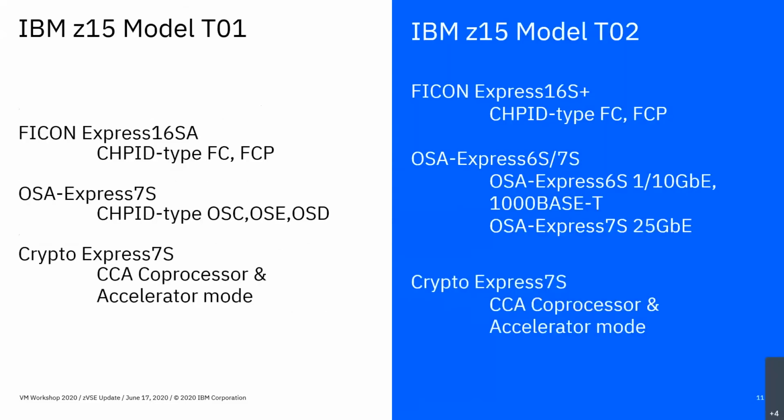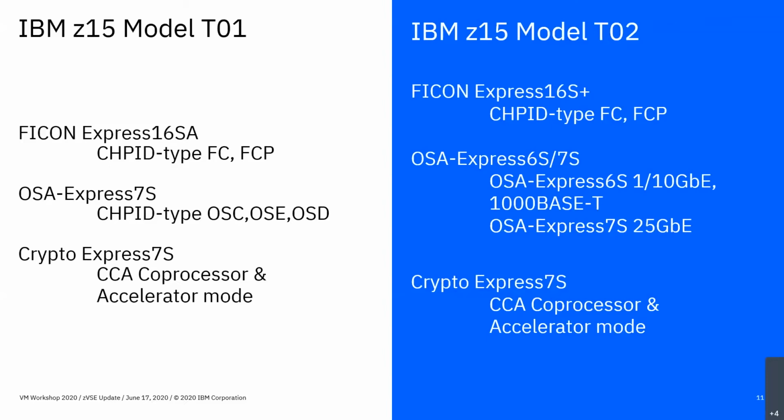One part of the GA 1.5 deliverable was the C15 mid-range, called C15 Model T02. The supported adapters are slightly different from Model T01. So here is a comparison of the related adapters that are supported by VSE 6.2.